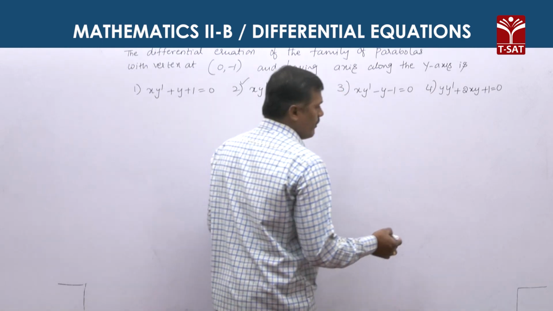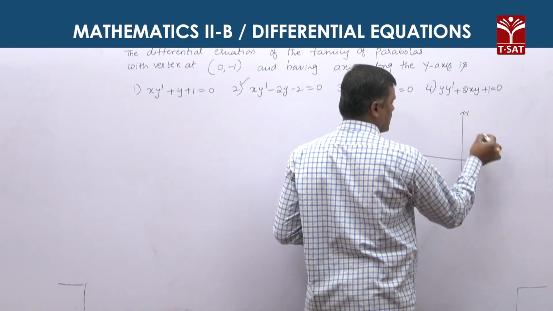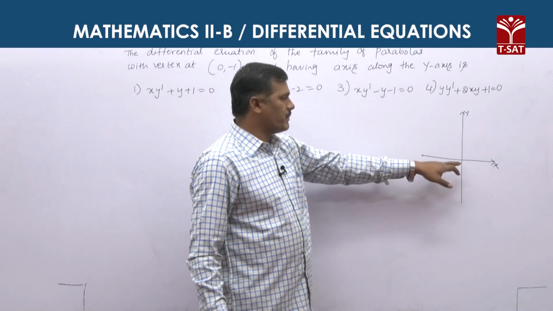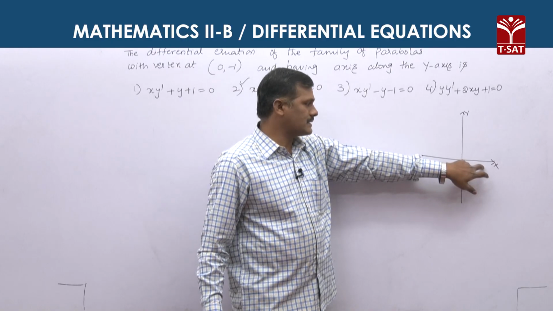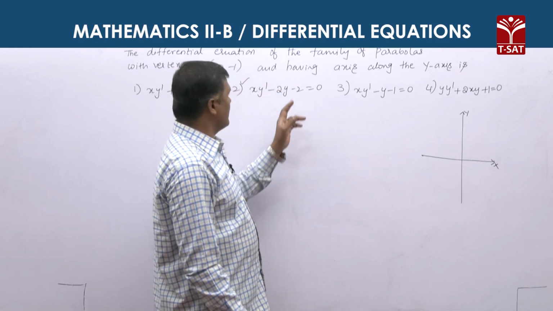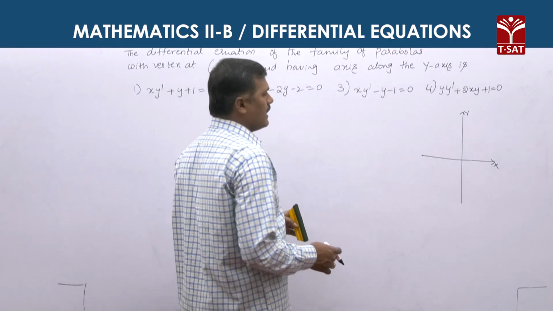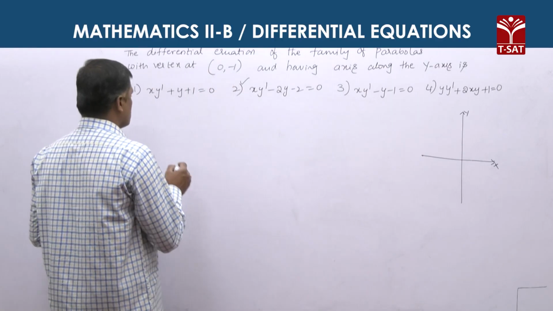Here this is the x axis and this is the y axis. If the axis were the x axis, the parabola would be right open or left open, but here the axis is along the y axis. So that's why the parabola is either downward or upward. Solution.